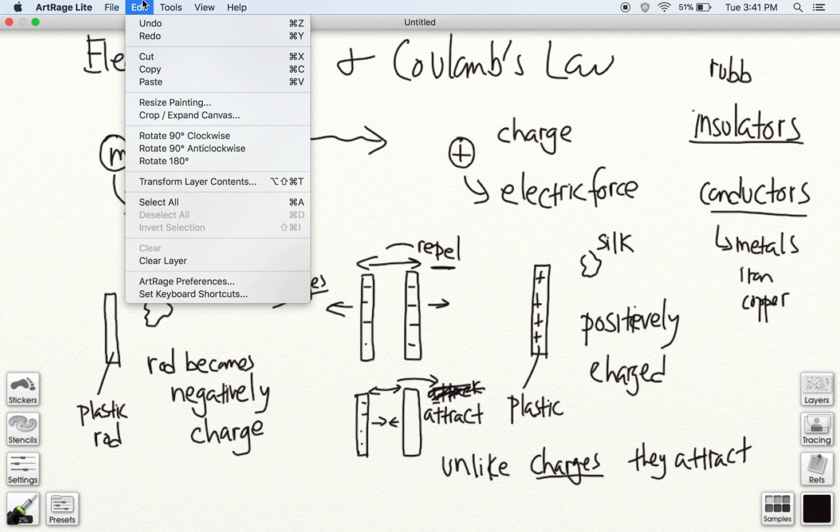I'm going to clear this page. The next main concept with charges is a law that describes the interaction between particles and describes the force. We call this Coulomb's law.